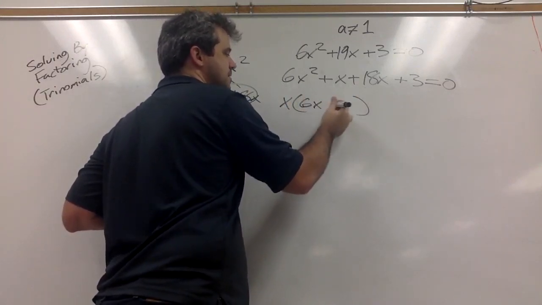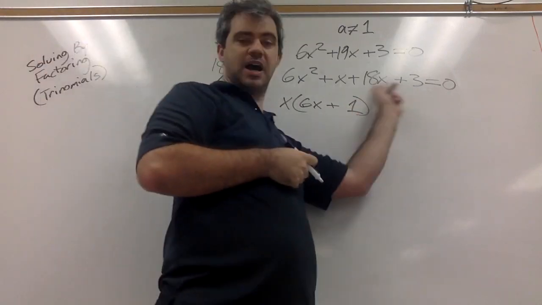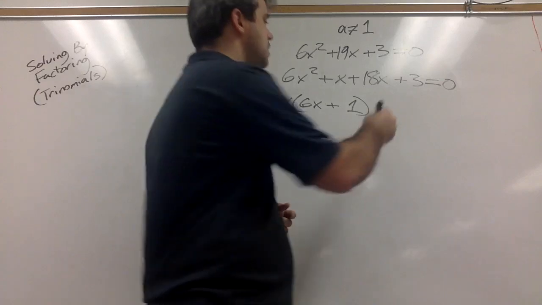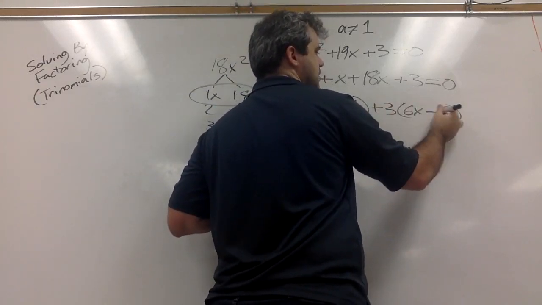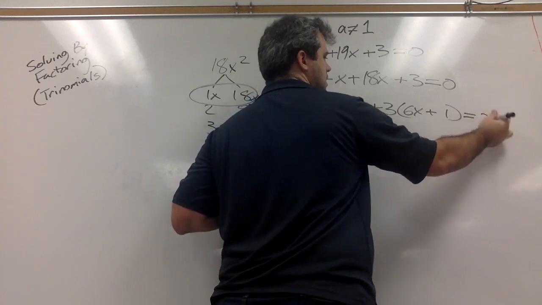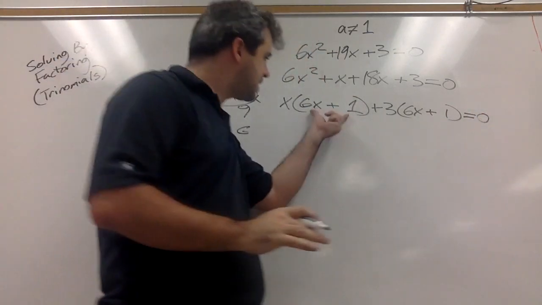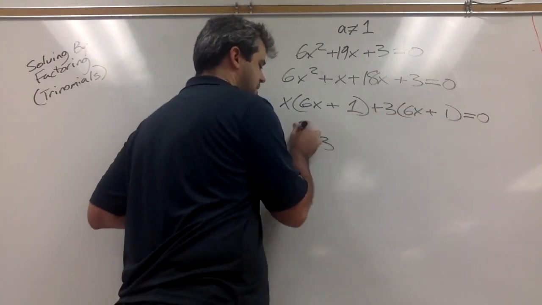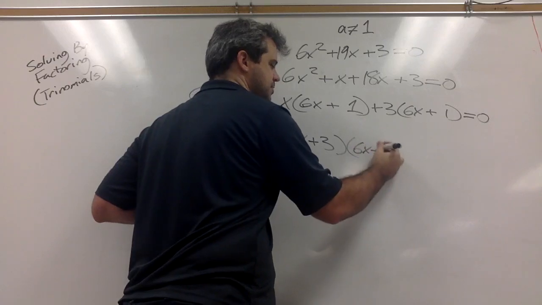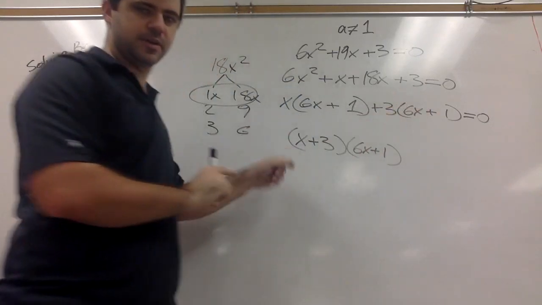So 6x plus 1. What's the common factor here? Well, it's 3. So 6x plus 1. We know we've done this right because these are the same. So what have we done? We've taken 6x plus 1, and it's been distributed to both of these.